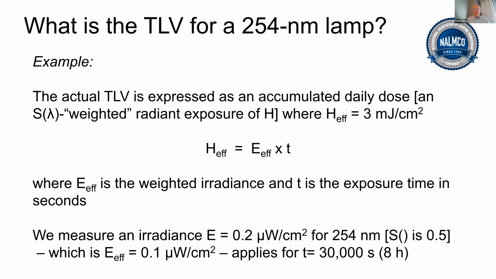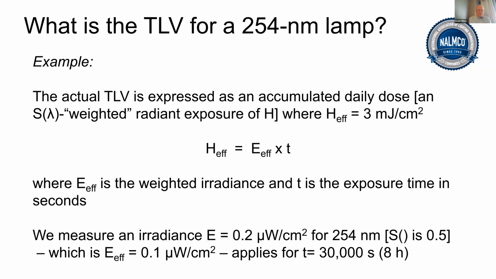Now, let's do a simple calculation for a typical 254 nanometer low pressure mercury lamp, the traditional germicidal lamp that's used in upper room safety, upper room installations. The actual TLV is 3 millijoules effective. However, the effective irradiance is different than what a lot of meters will measure.